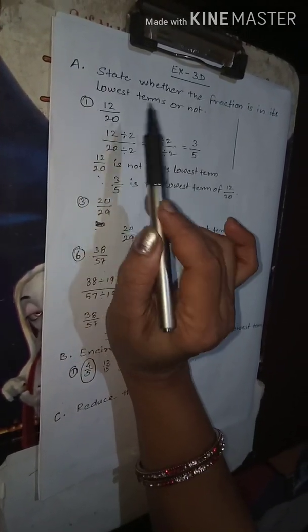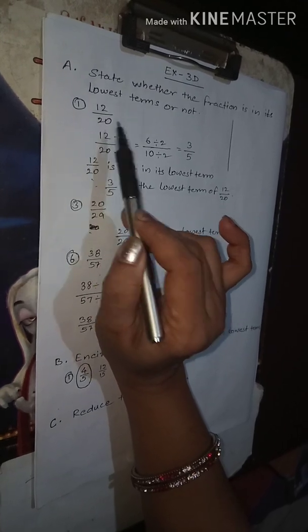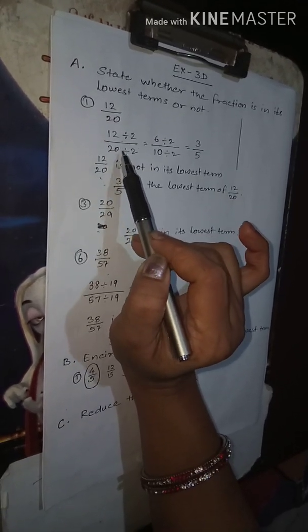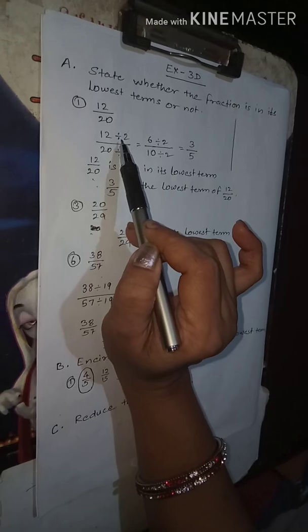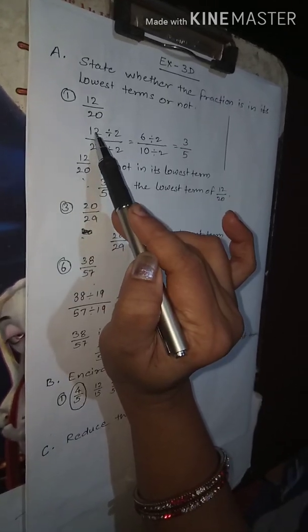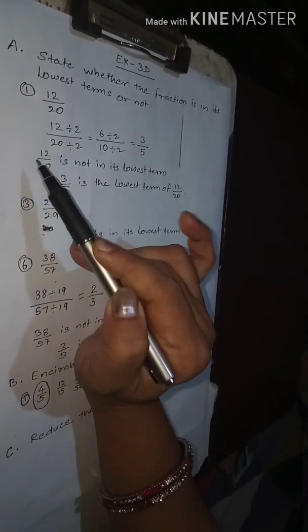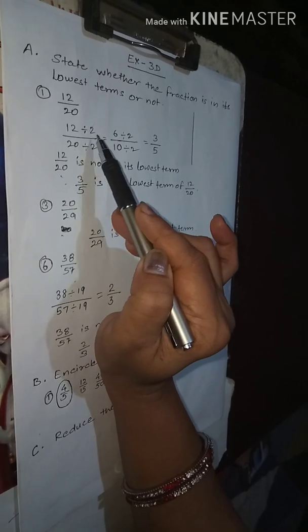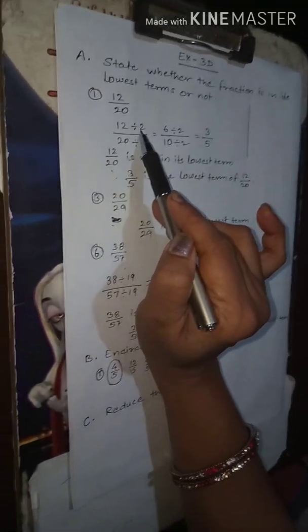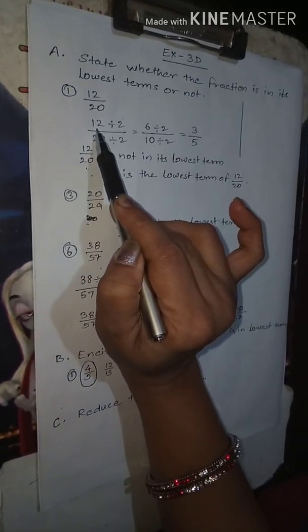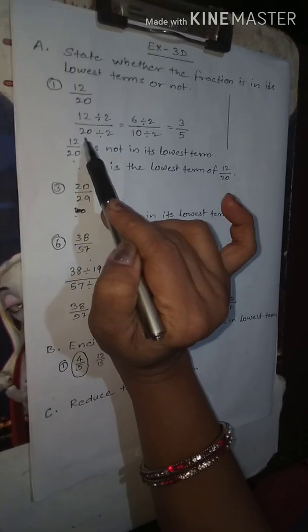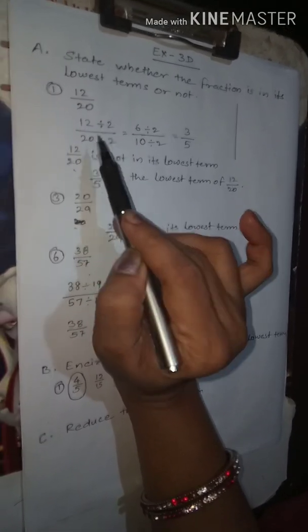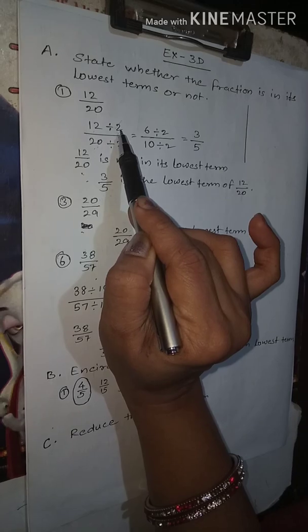Now question number 1, 12 by 20. Now you have to think which number divides both numerator and denominator exactly. Common number, same number. So here 2 divides this 12 also and this 20 also. So we will divide both numerator and denominator by 2.